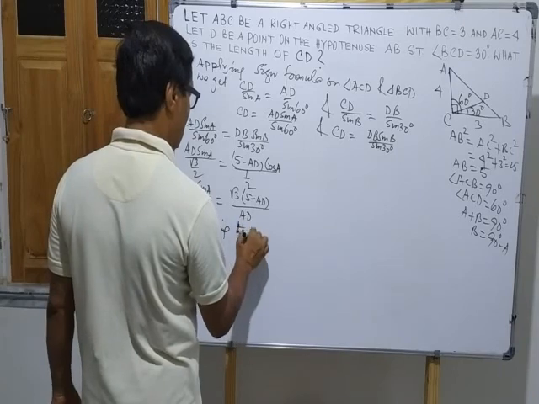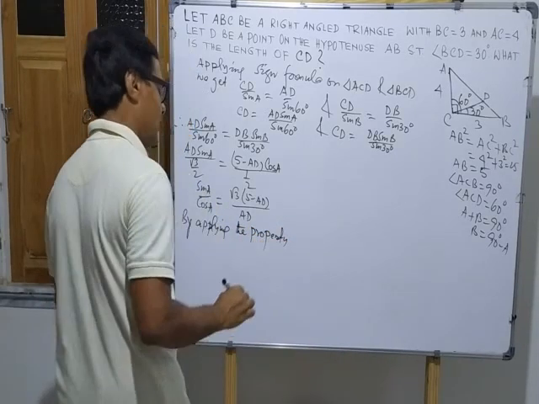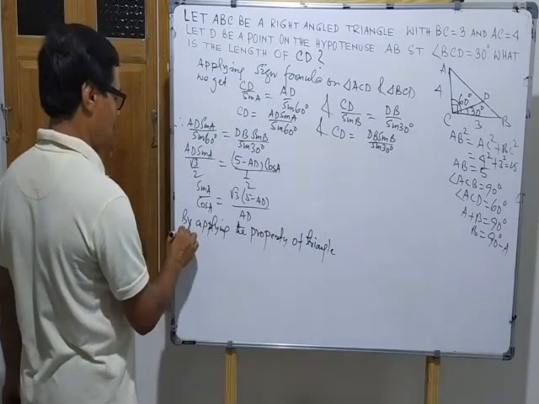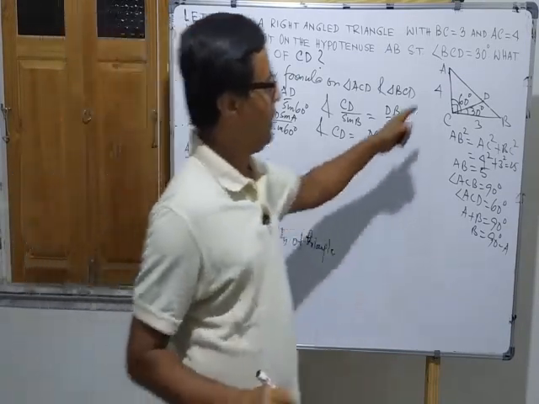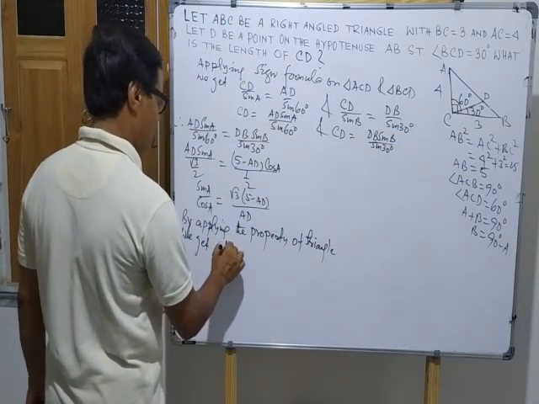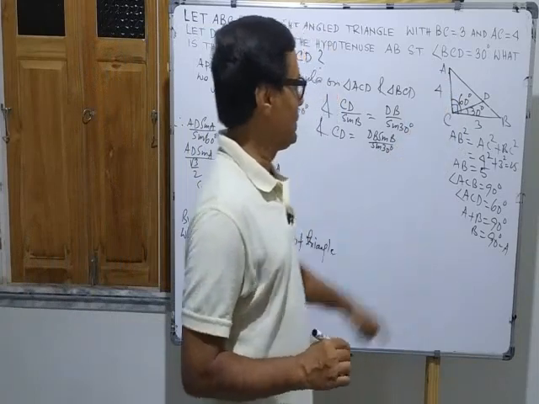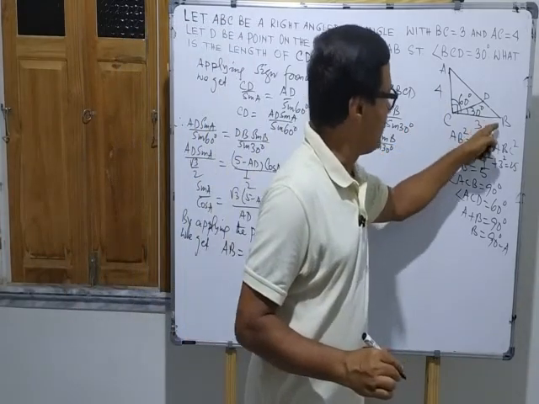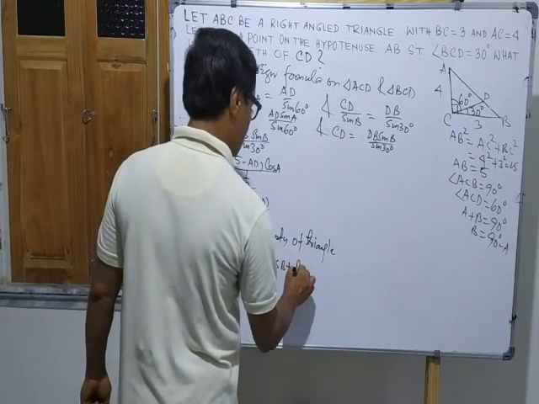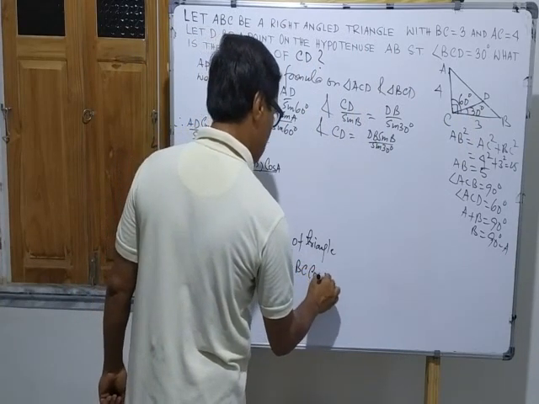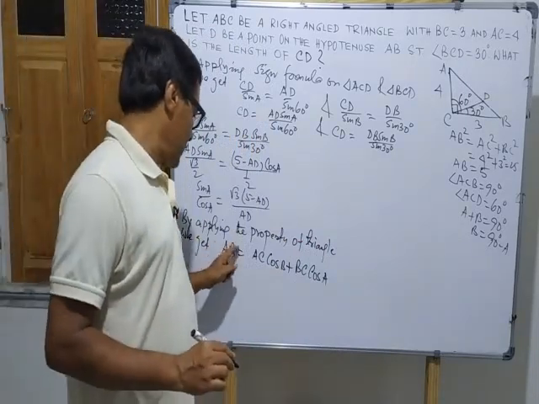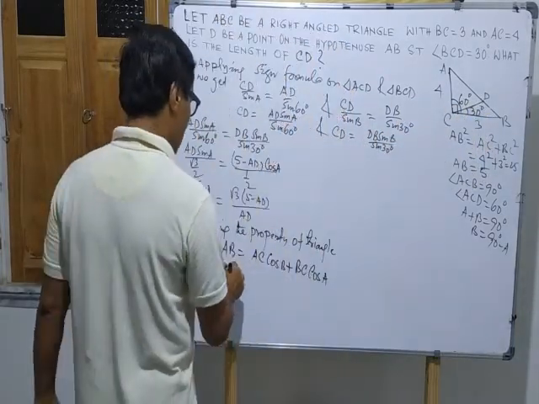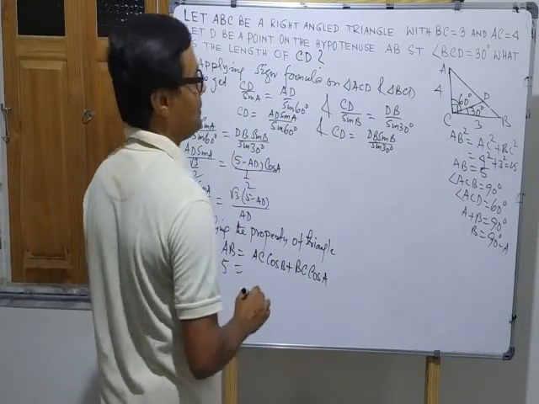This is another property of a triangle. From this property we can write AB equal to AC cos B plus BC cos A. Also AB is 5 and AC is given as 4.